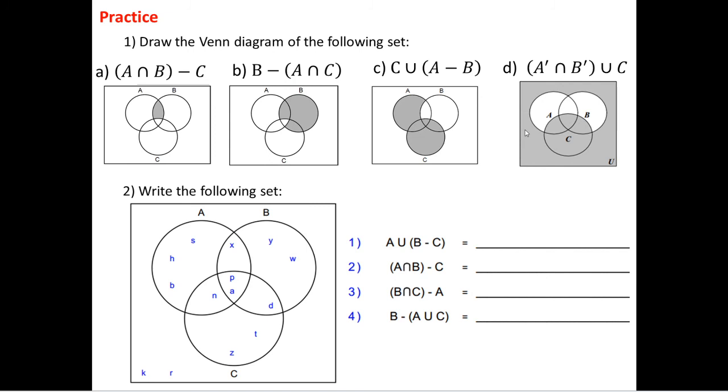And then we combine that with set C. So we shade also the whole set C. And everything shaded now, the gray part, is our answer for letter D.